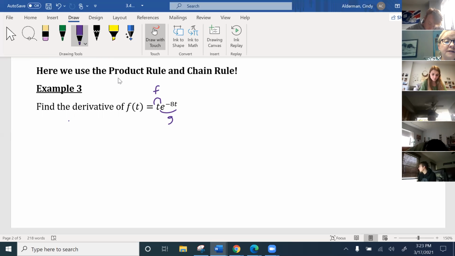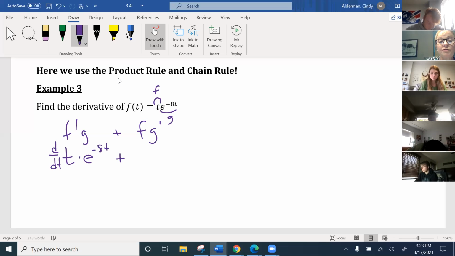So if we do f prime g plus fg prime, that means we're taking the derivative of the f function, which is t, multiplying that by the g function, which is e to the negative 8t power, adding that to the original f function, which is just t, multiplying that by the derivative of the g function, which is e to the negative 8t power.